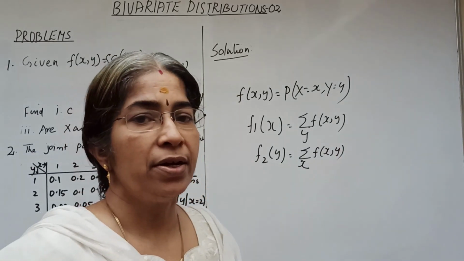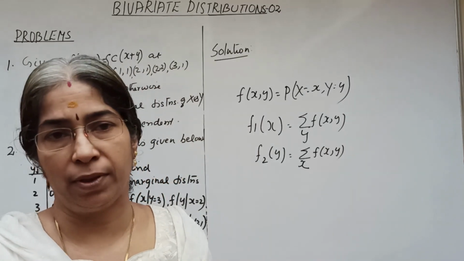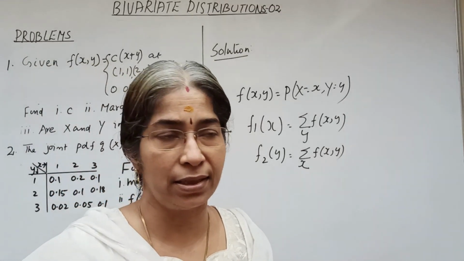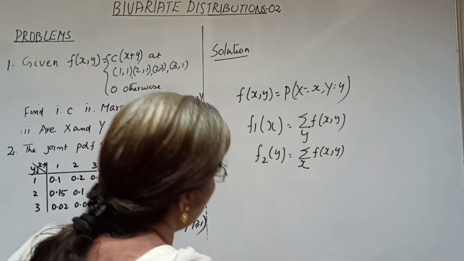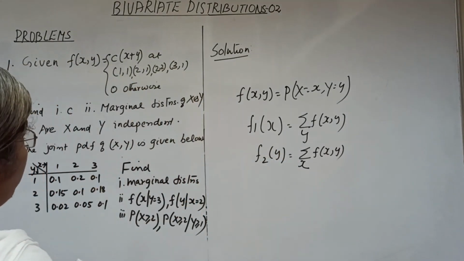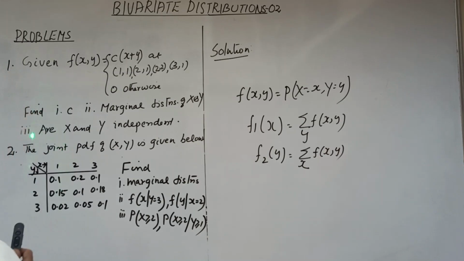Now we shall consider certain problems. Firstly, we cover the discrete case. The problem is, here we are given f of xy equal to c into x plus y at the points (1,1), (1,2), (2,2), (3,1), and equal to 0 otherwise.